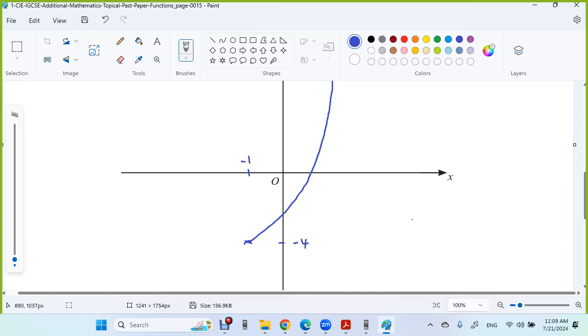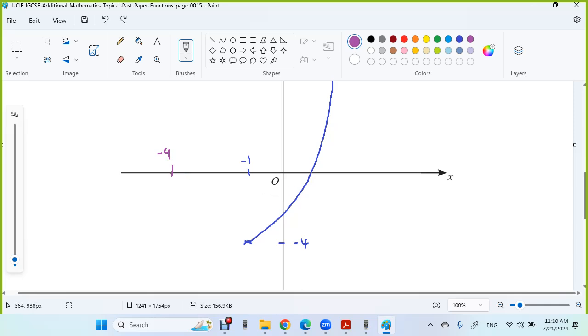And then for the inverse, we'll have the point (-4, -1) here. Then the graph will be somewhere there.